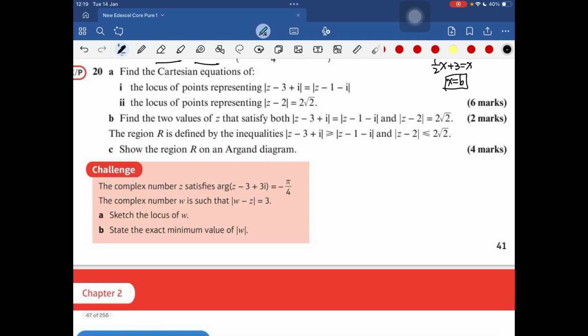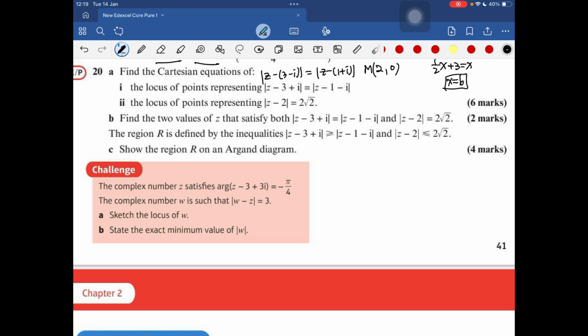Cartesian equation of this again, z minus 3 minus i, z minus 1 plus i. So the bisector, 3, negative 1, 1, 1. So the midpoint is 2, 0.